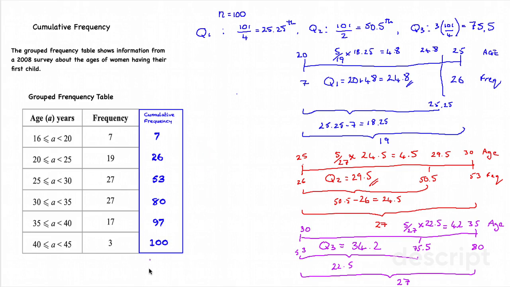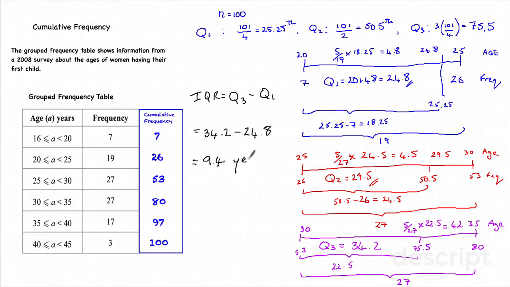Finally, let's look at the IQR. The IQR is Q3 minus Q1, which is Q3, 34.2, minus Q1, 24.8, and that is 9.4.